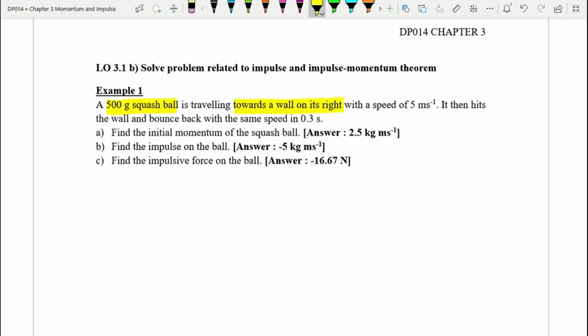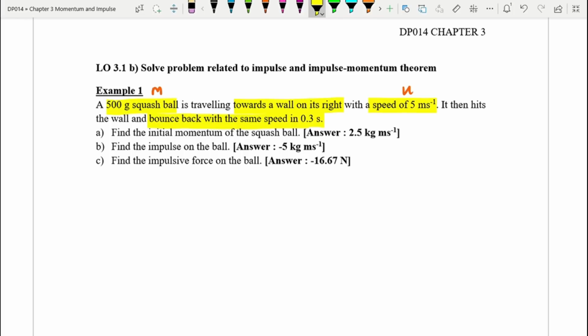Okay, dia bagi direction with a speed of 5 meter per second. So obviously ini adalah initial velocity. That is the mass of the ball, and then that is the initial speed of the ball. It then hits the wall and bounces back with the same initial speed in 0.3 second.